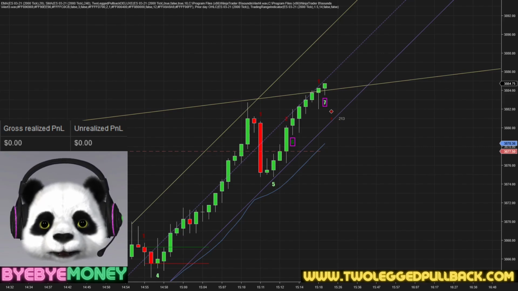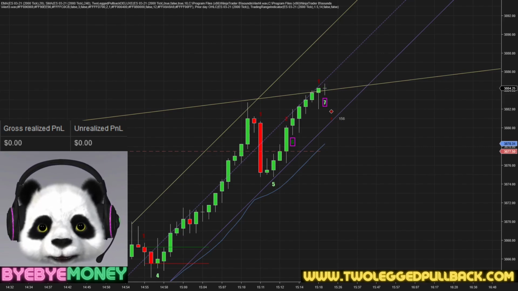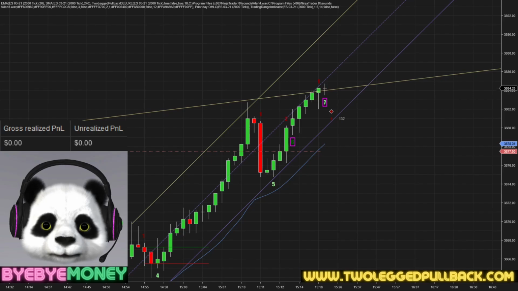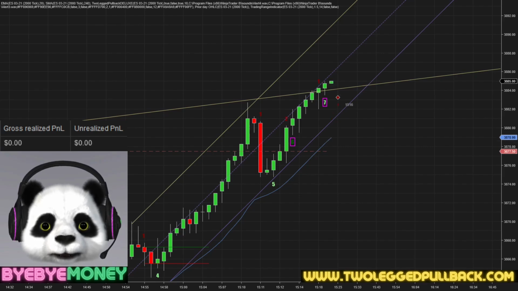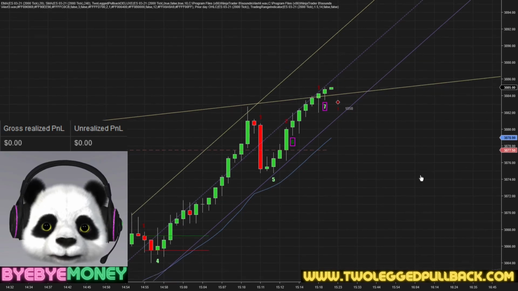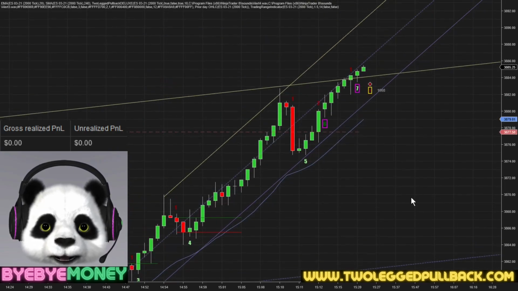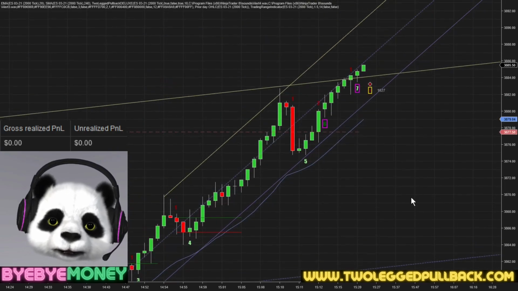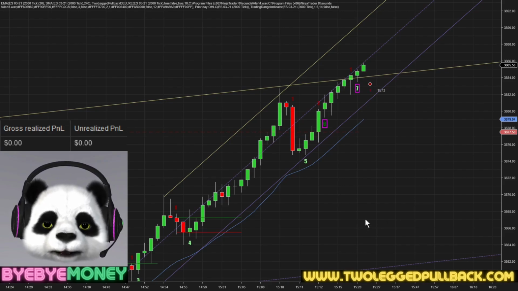All right. Let's see here. It's just a strong uptrend. I mean, strong uptrends are good if there are some pullbacks, but without any good pullbacks, it's kind of hard to trade.